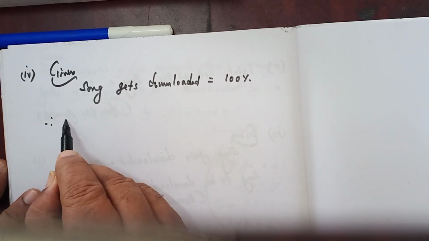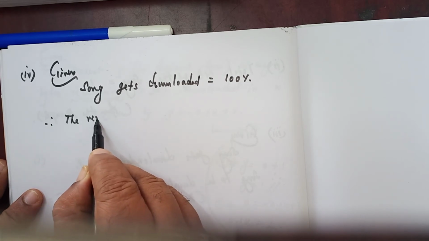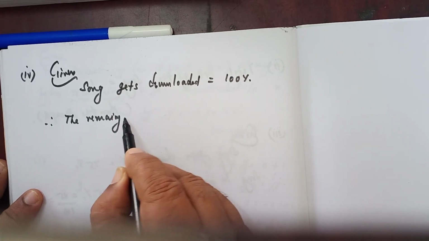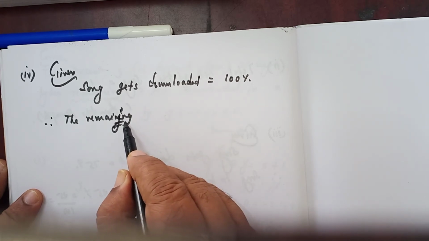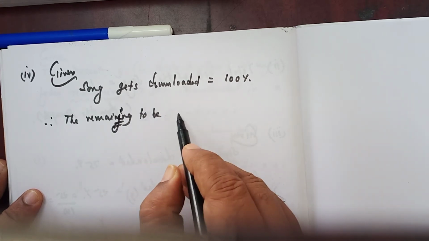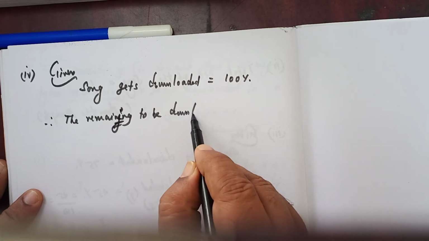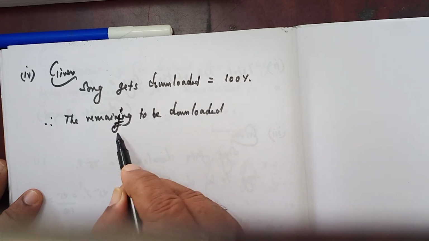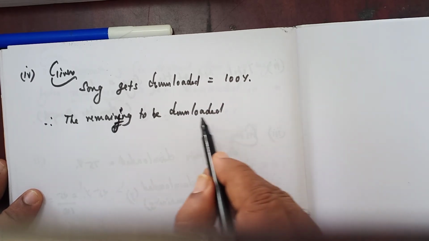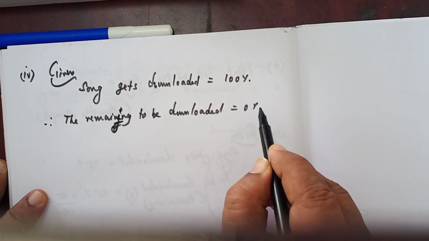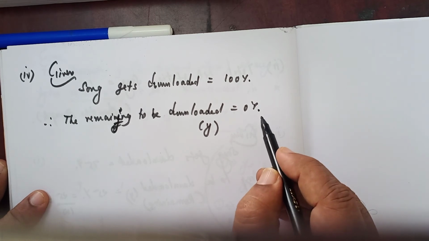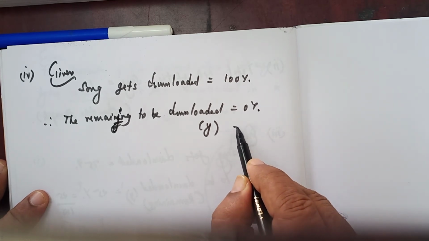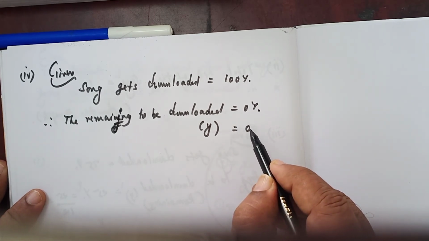Therefore, remaining to be downloaded, that is equal to 0%. You have to consider that is y, 0%. Okay, 0% means 0 only. 0 by 100, that is equal to 0.